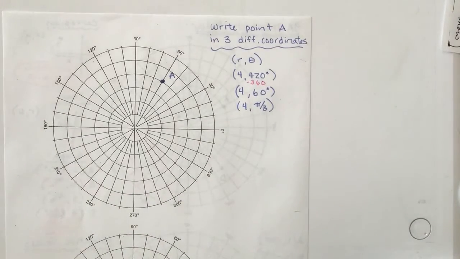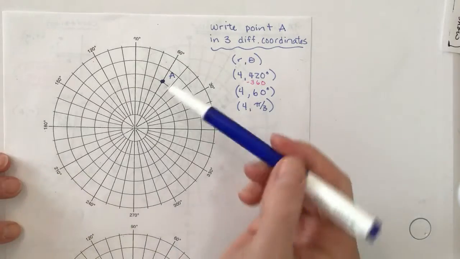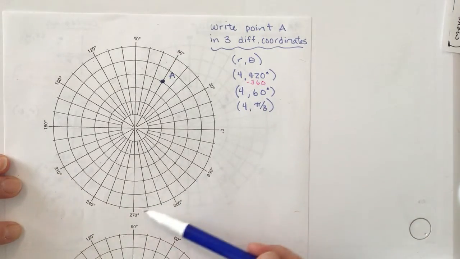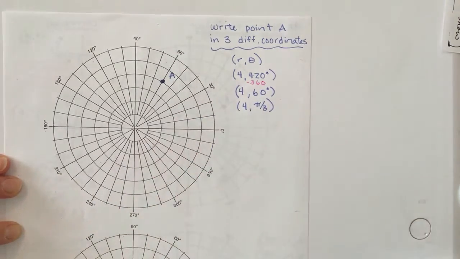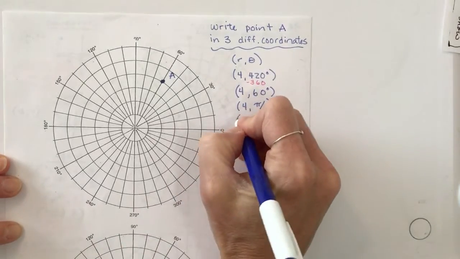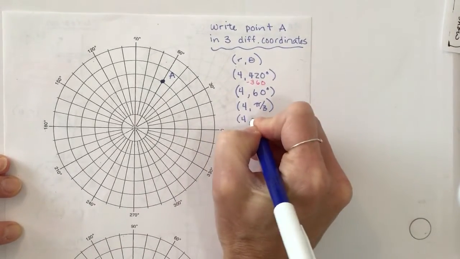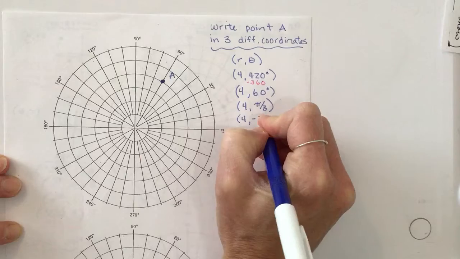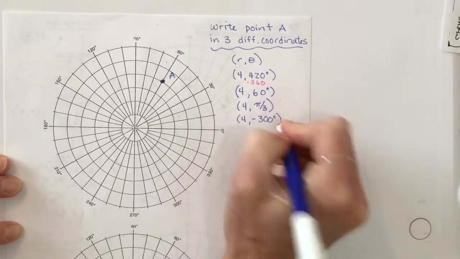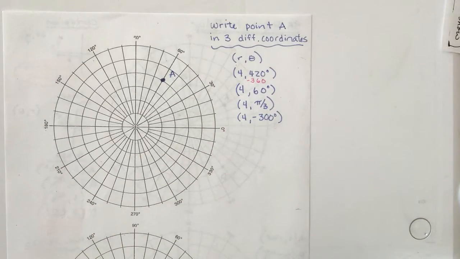What if we did a negative value? Going around the opposite direction, that would be 300, so we could do 4 comma negative 300. That's another way to do it. What if we did a negative r?